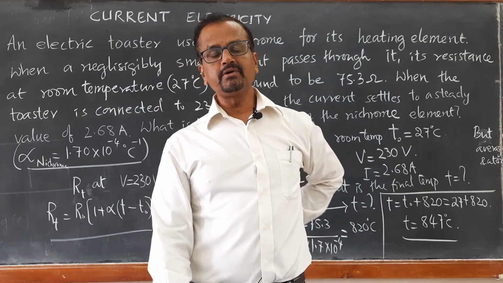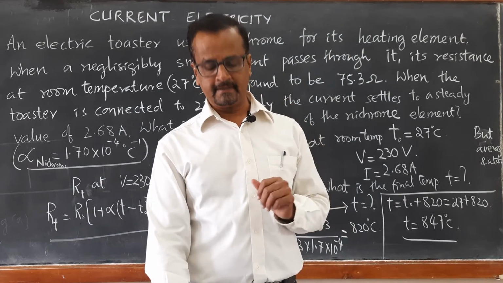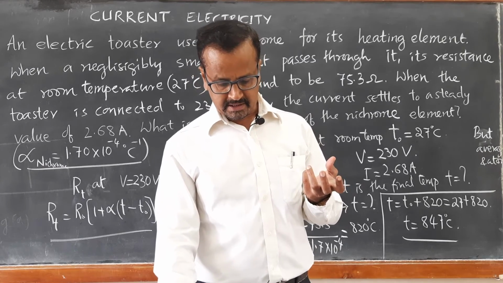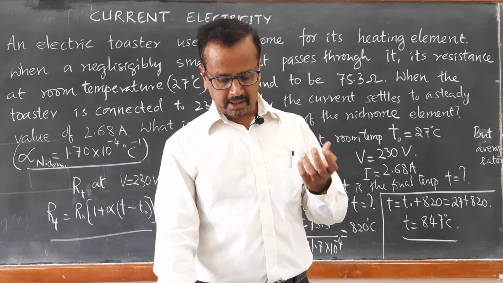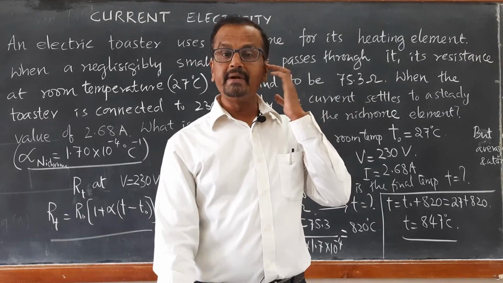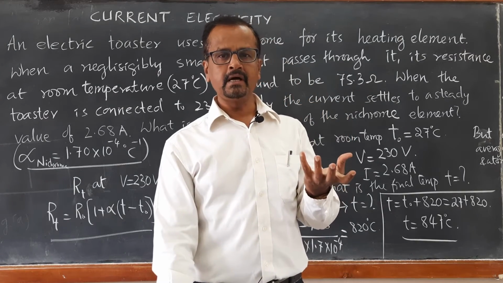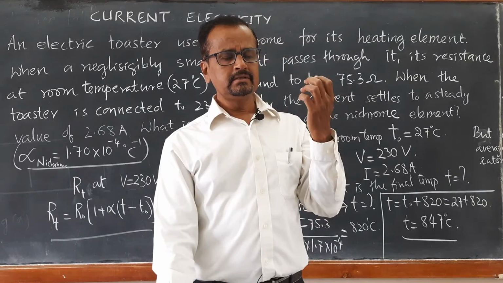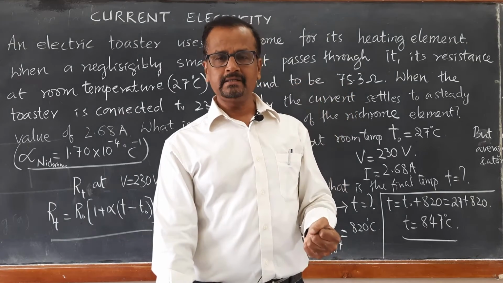That is the temperature coefficient of resistivity of copper. And the resistivity of copper is 1.7 into 10 to the power of minus 8 ohm meter. So, the resistivity value is also very low. So, it is a very good conductor.